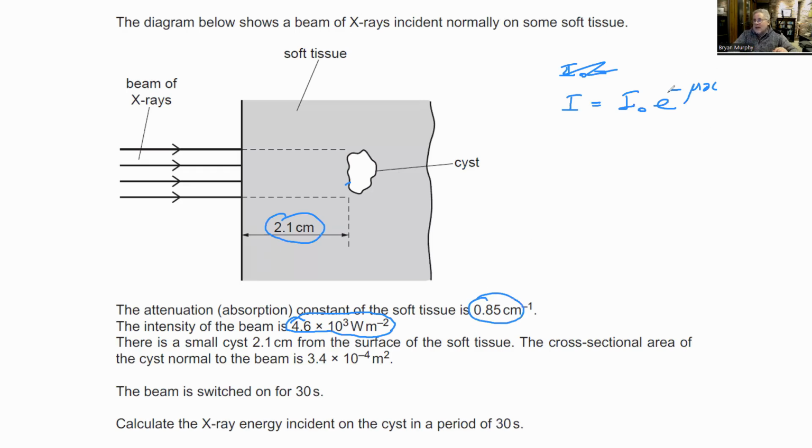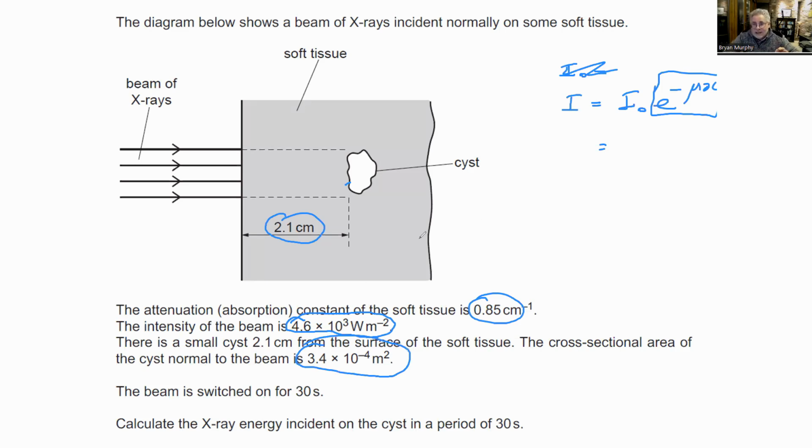Using those two numbers, we get some factor of I naught. I don't know what it is. Now that intensity is spread over the cyst, which has a cross-sectional area of that.